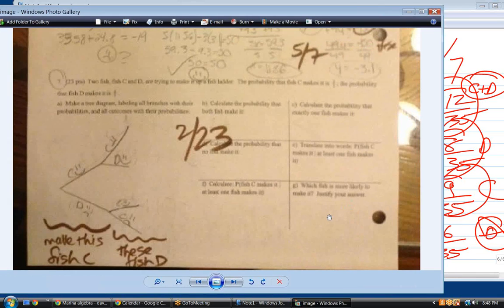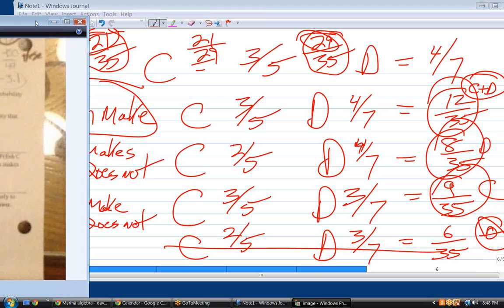What's that last question? Which fish is more likely to make it? Yeah, just a quick answer. Which fish is more likely to make it? I think fish C is. Yeah, it has a higher probability, because 3/5 is a greater decimal than 4/7.